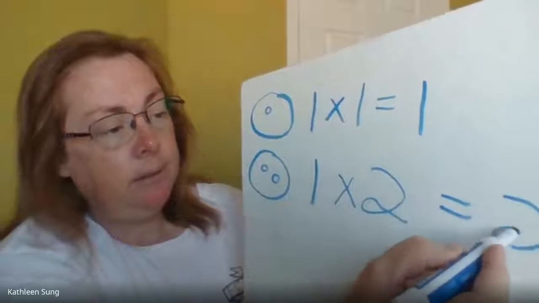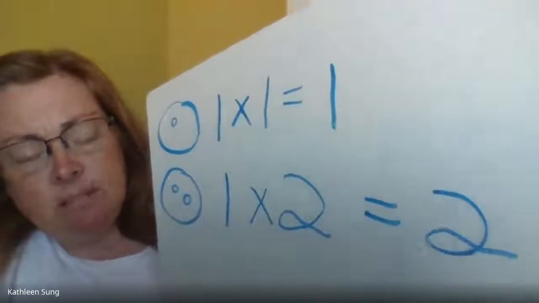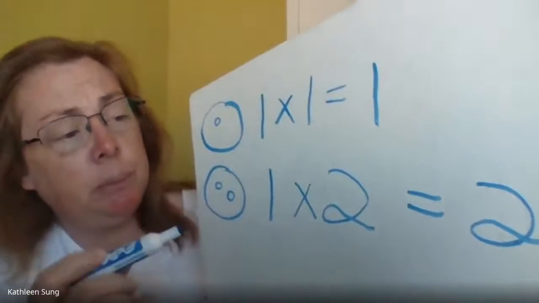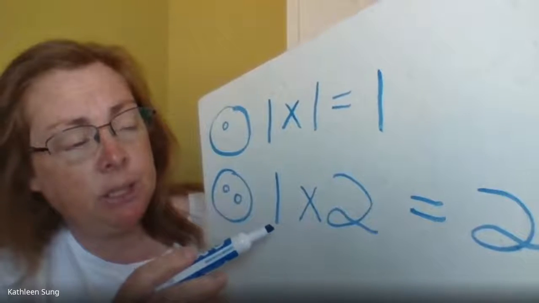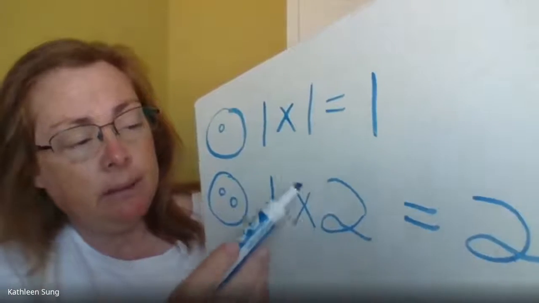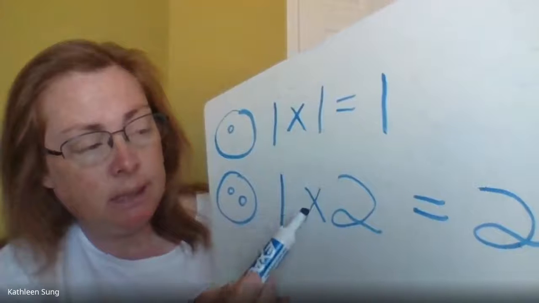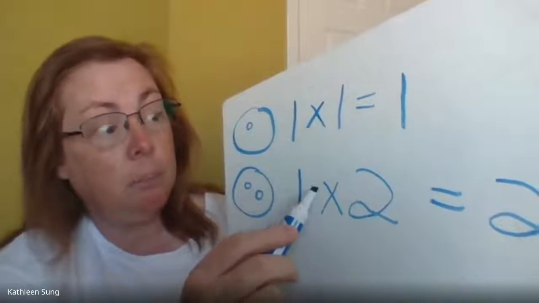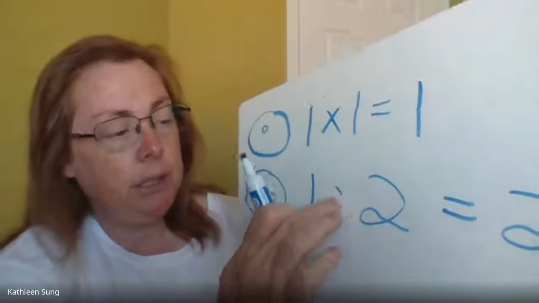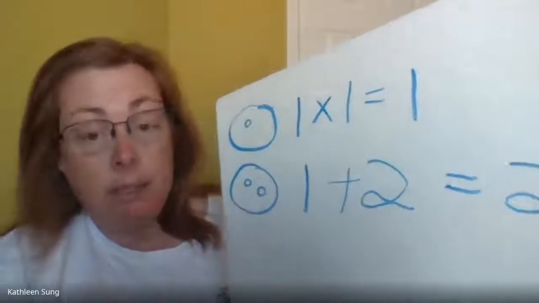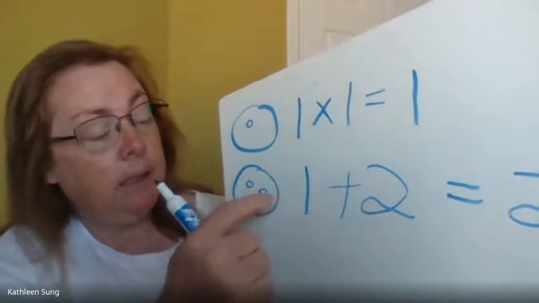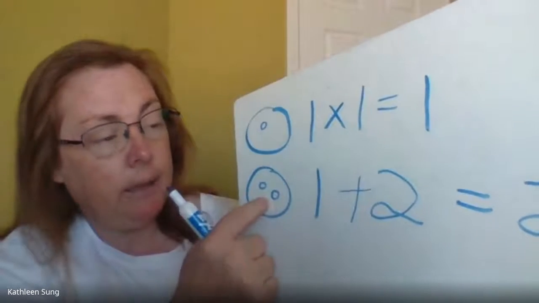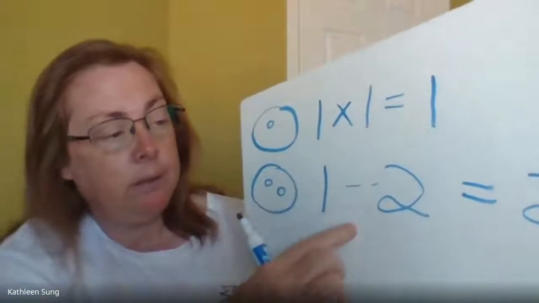We have 2. So when you're memorizing your multiplication facts, you have to remember that this is your multiplication sign. It's going to be a different answer if we have 1 plus 2. If we change that, that changes everything, because now we're adding our plate and our cookies together, and that would be a totally different answer.